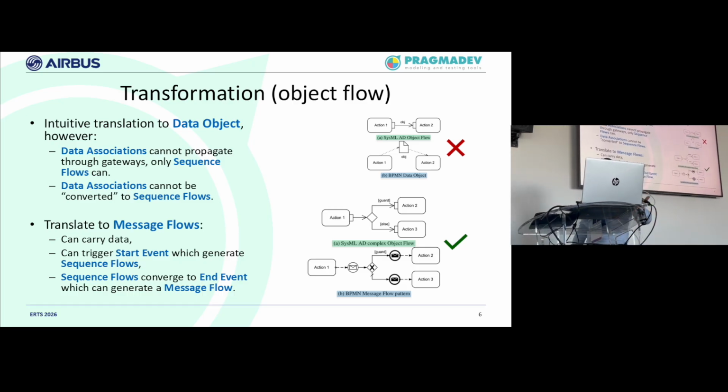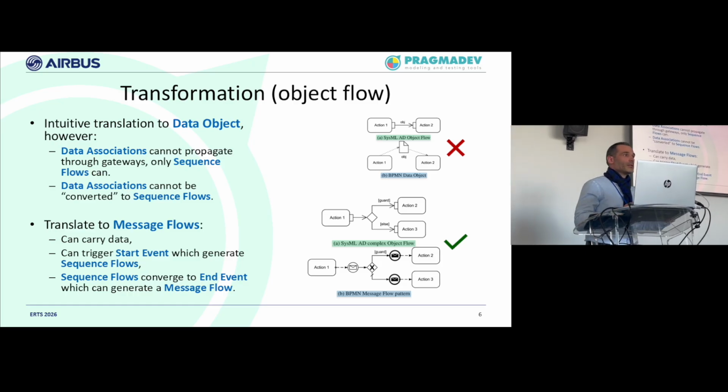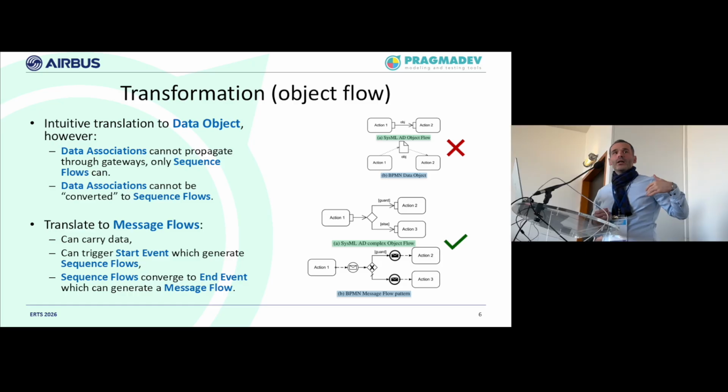And then to come back to the same thing, that is the message flow, we can converge these sequence flows to end events, triggering other messages that can then generate the message flows. So via this construct or pattern, we can achieve the translation of object flows.